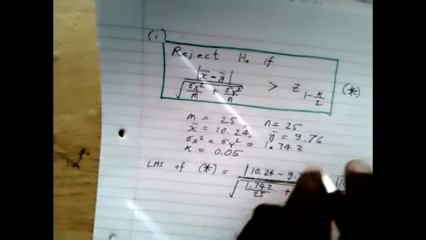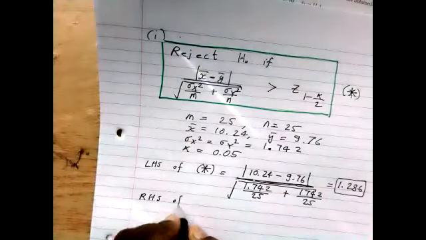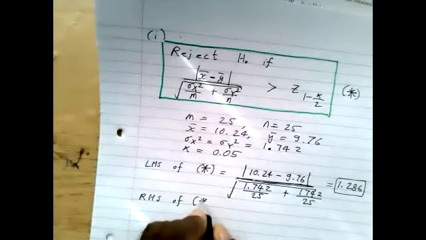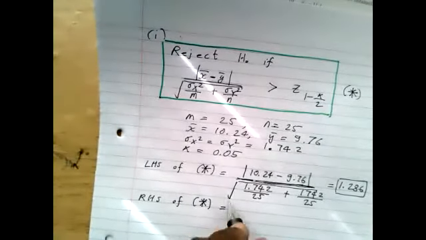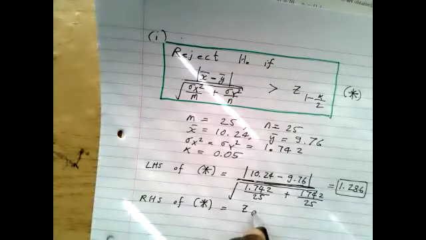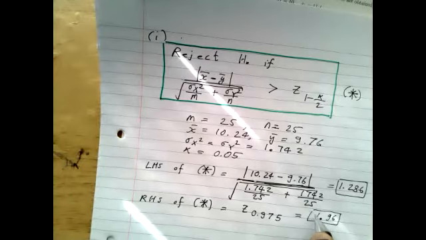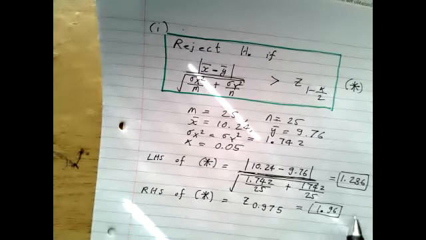The right-hand side of star: we are assuming alpha is 0.05, so the right-hand side is going to be this. If you read this off the table, this is 1.96. So clearly, 1.286 is not greater than 1.96.